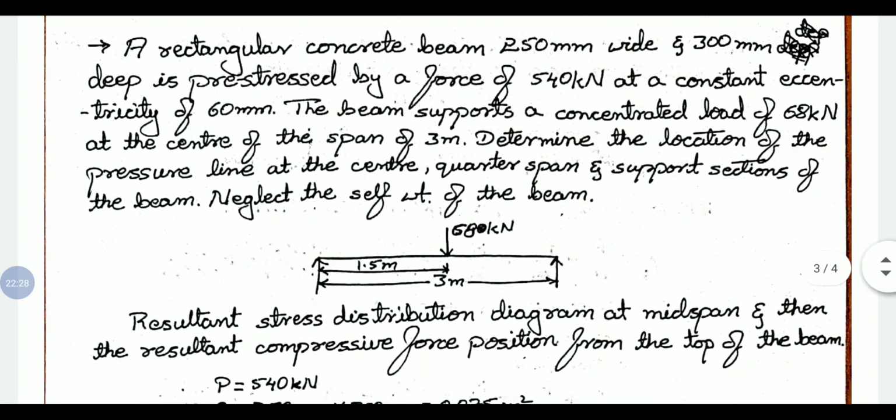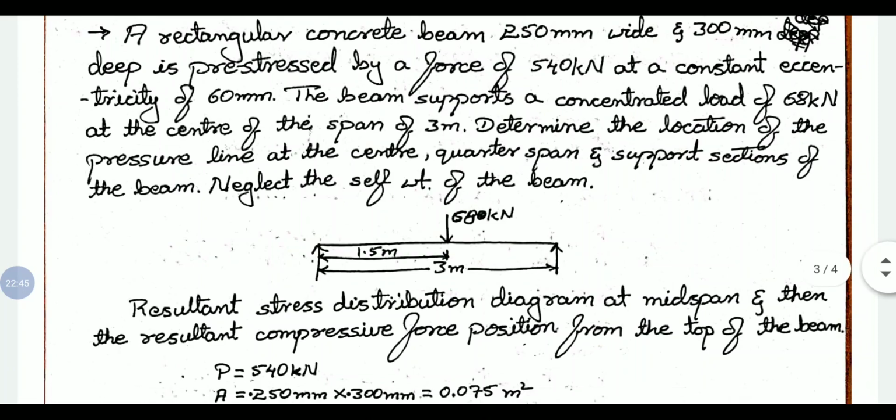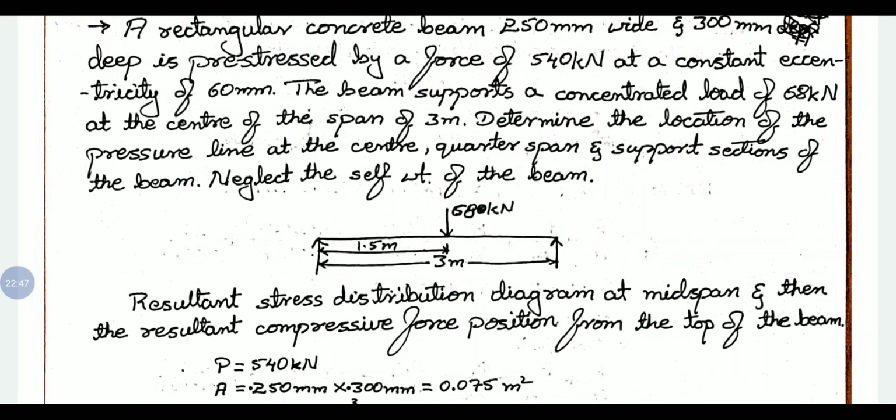So here in this question the cross section of 250 by 300 mm is given, and the prestressing force of 540 kilonewton is eccentric prestressing with an eccentricity of 60 mm below the centroidal axis. The beam is supporting a concentrated load of 68 kilonewton at midspan.